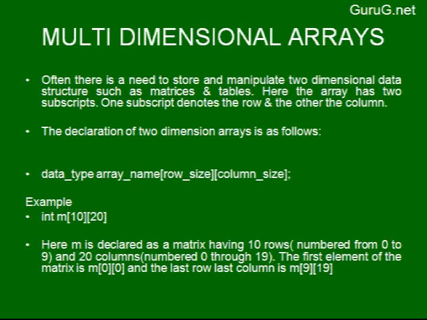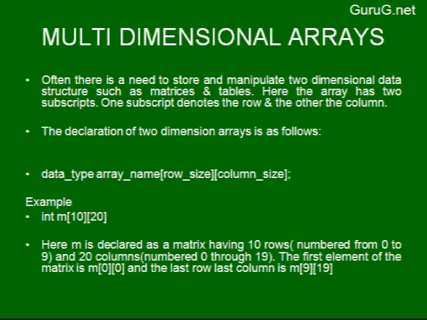We won't always be using a single dimensional array. There are quite a good number of situations where we need to use a multi-dimensional array, like matrices and tables. Here there is a general form. First you need to specify the data type, followed by the array name, followed by the row size and column size if it is a two-dimensional array. At the bottom you can see the example.